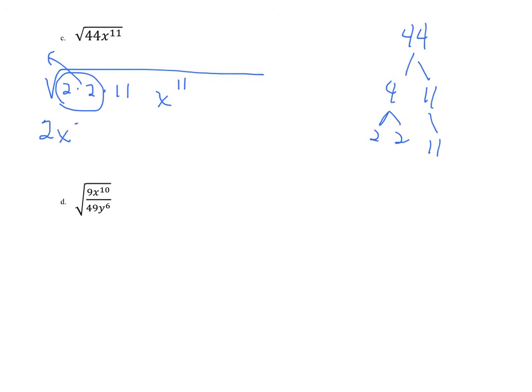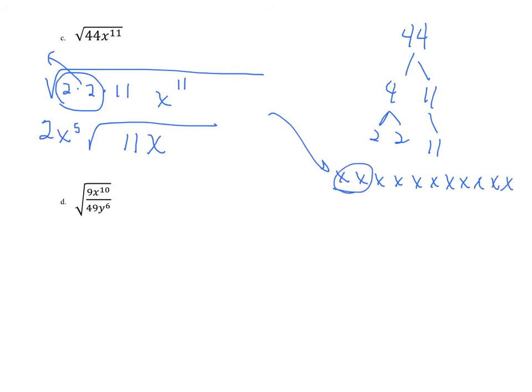I can pull out 5 pairs of socks, and I'm left with 1 sock inside, 1x. If you don't see it, write it out. So I have 1, 2, 3, 4, 5 pairs. They come out of there, and inside, yeah, 1x left. Let's do the next one.